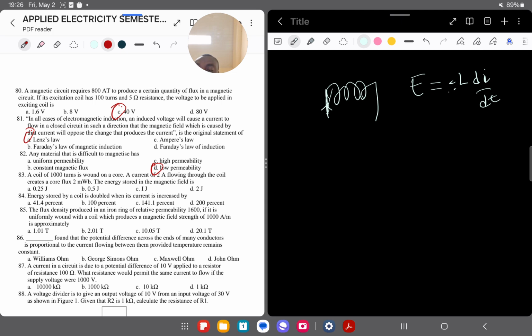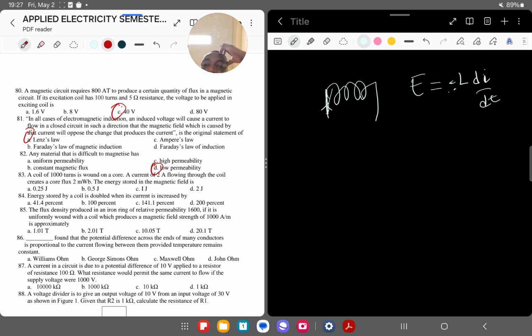Question 83. A coil of 1000 turns is wound on a core. A current of 2 amps flowing through the coil creates a core flux of 2 milliwebers. The energy stored in the magnetic field is, so here you have to find the energy stored in the magnetic field.